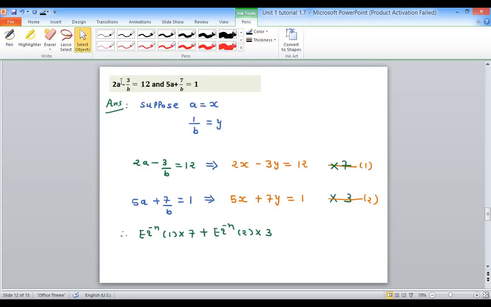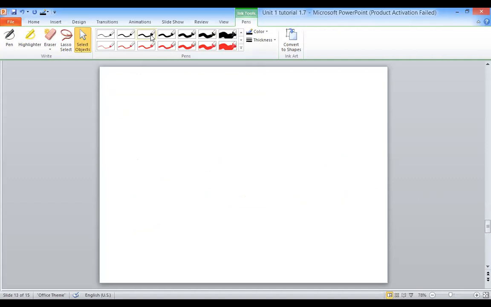If 7 is multiplied by here, this is 14x, 21y, 12 into 7, 84. So write down. It's 14x, 21y, it's 84.